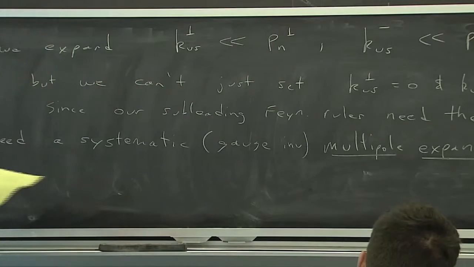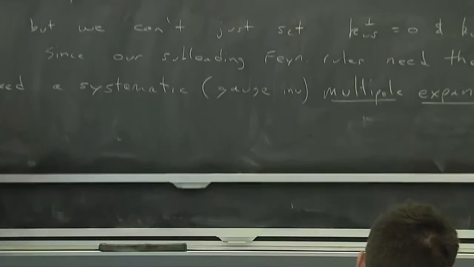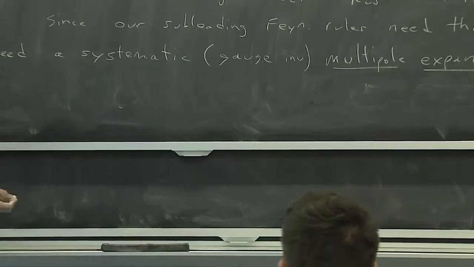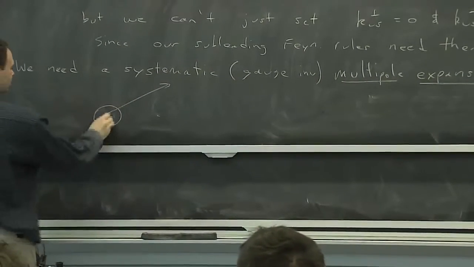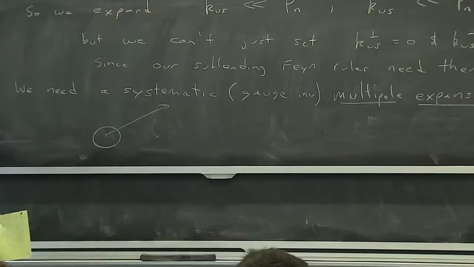So let me remind you of some things about a multipole expansion. You see multipole expansion in electromagnetism, remember? You look at a charge distribution far away, you see the total integral over that charge distribution, and then the dipole.